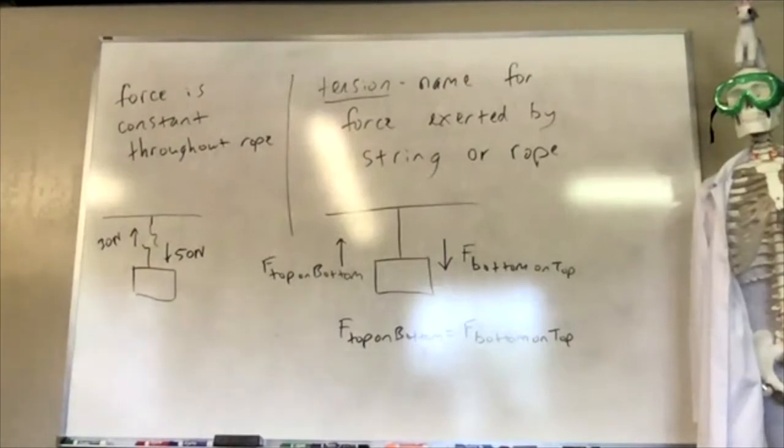So if you do pull on something and it stays unbroken, then it's exerting the same force back on you. I can pull with a force of, say, 2 newtons, it pulls back with 2 newtons. I can pull with 10 newtons, it's still pulling back the same force if it's not broken. But if I pull really hard and it breaks, I've exerted more force than the rope can pull back on me, and they're unbalanced forces in that case.